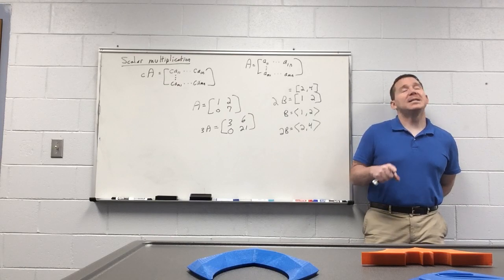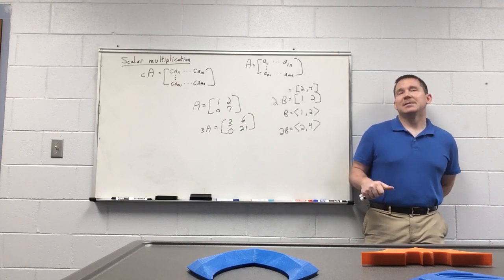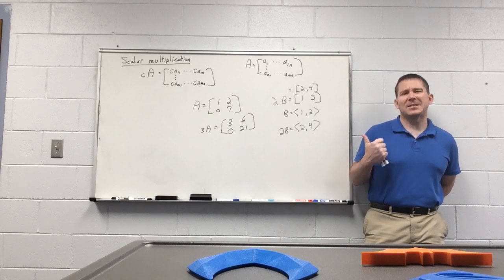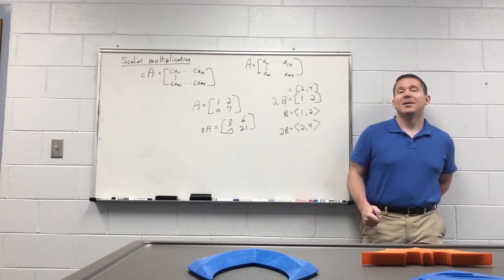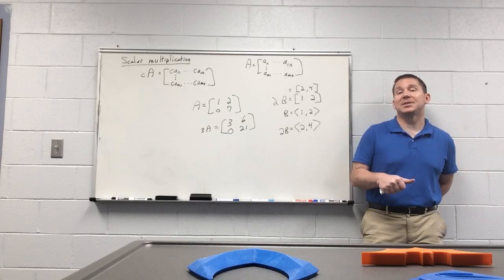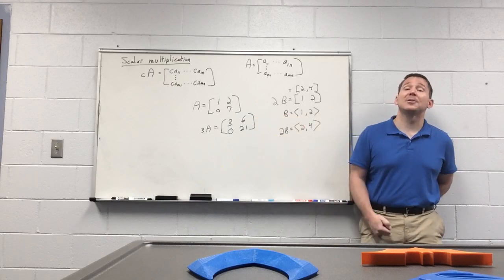And again, the idea here is everything you have done with vectors, vectors are really just kind of a special case, the row vector or column vector of a more general idea involving matrices, which don't have to be just rows or columns. They can be a big rectangular array.